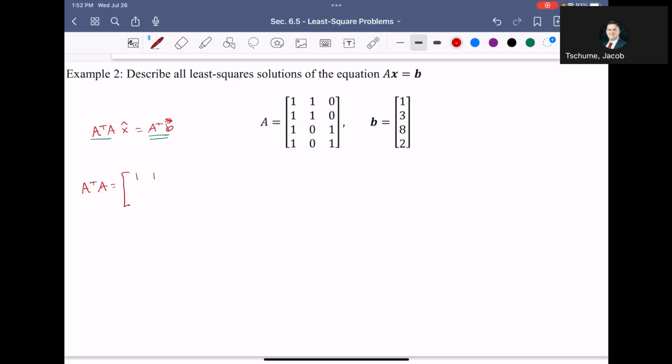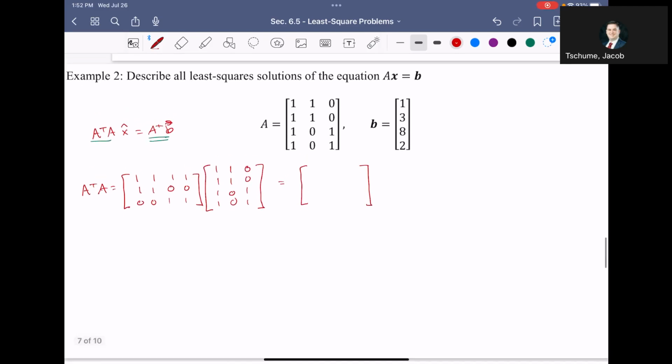So that'll be 1, 1, 1, 1, 1, 1, 0, 0, 0, 0, 1, 1 times the original matrix A. So a 3x4 times a 4x3 is going to generate a 3x3 matrix.